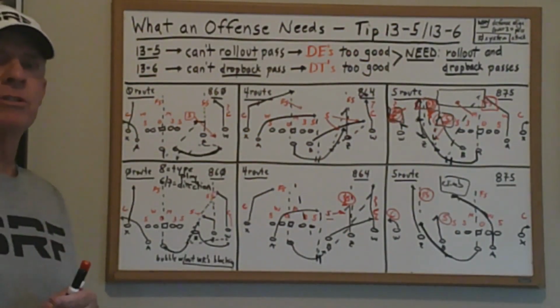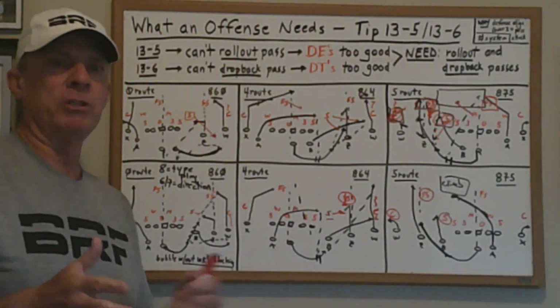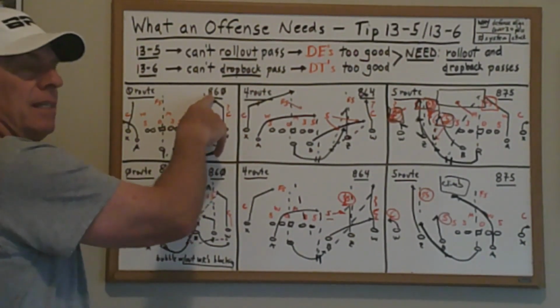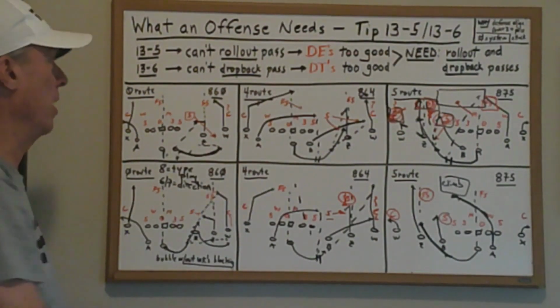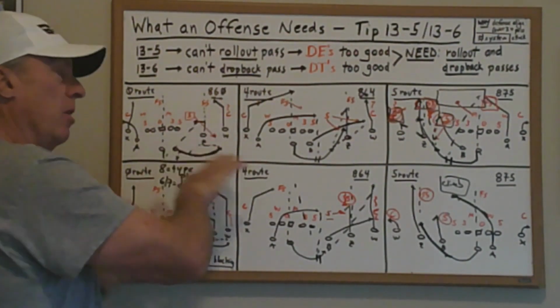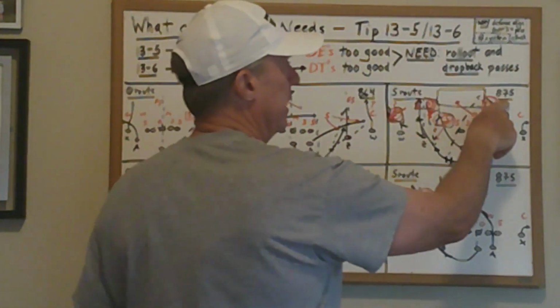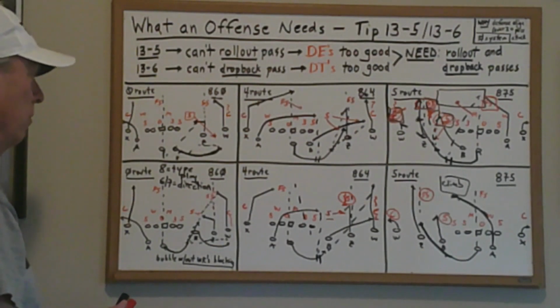So the linemen understand what blocking rules they're going to use, because remember we talked about we're using our outside zone blocking. So when the lineman hears 8, they know we're going to roll out, so we're using outside zone blocking. When they hear 6, they know we're using outside zone blocking to the right. When they hear 7, they know we're using outside zone blocking to the left, because that's where we're rolling.